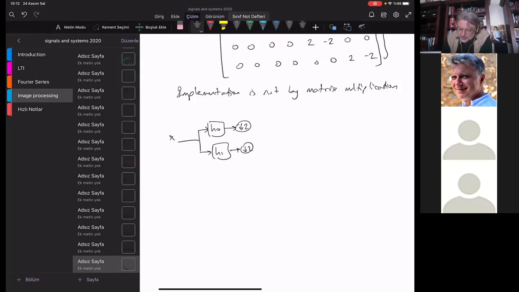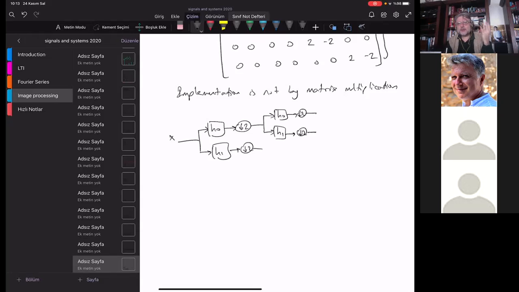For the 4x4 transform, we further process the output of the H0, the low pass part, and split by filtering and downsampling. For example, if X is length 4, you make it 4 periodic, okay?